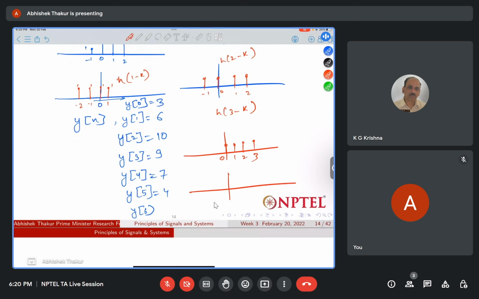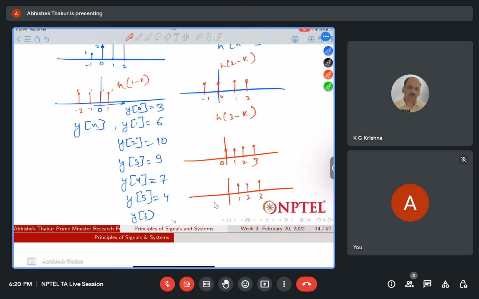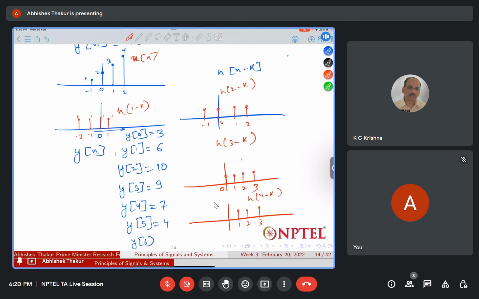So 4 minus k will be 1, 2 and 3. How many things are overlapping? At 1 it is overlapping, at 2 it is overlapping, 4 plus 3, 7. Y of 5, only 1 is overlapping, that is 4. Y of 6 will be 0.